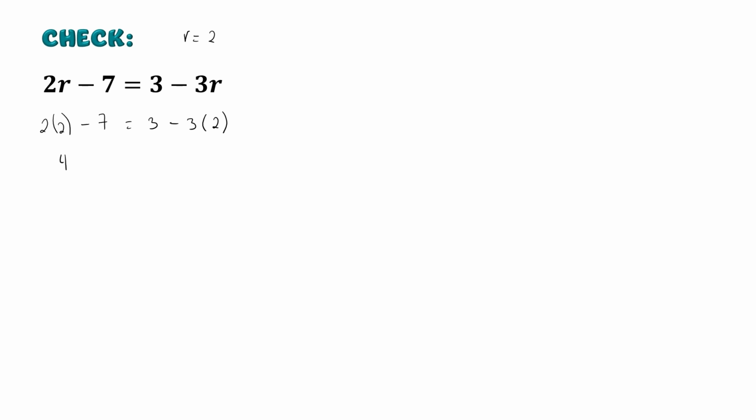So 2 times 2 will give us 4, minus 7, return my 3, and then 3 times 2 is equal to 6. And 4 minus 7 will equal negative 3. And 3 minus 6 will equal negative 3. So again, both sides of our equation equal the same thing. Then that means that r equals 2 is the correct solution for this equation.